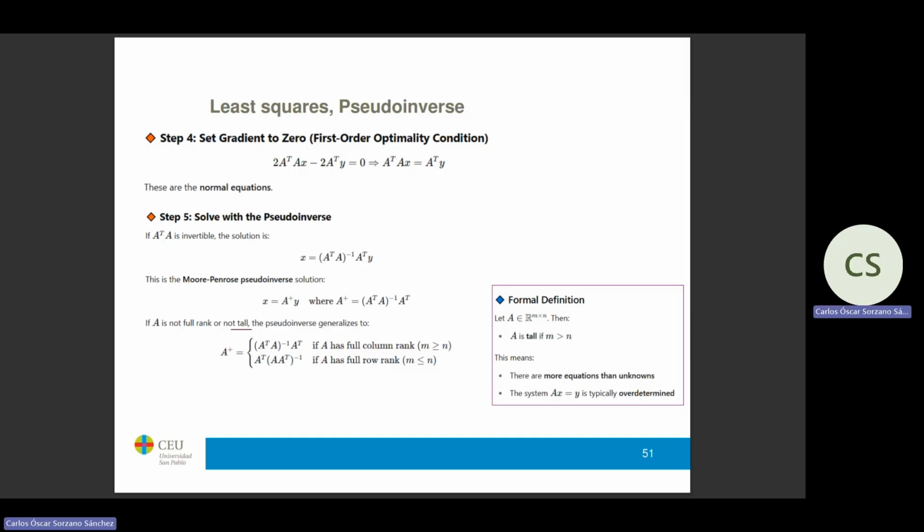Then the pseudo-inverse generalizes this. But this is if you don't have more equations than unknowns. In the general case, you should have more equations. Then this is the standard calculation.